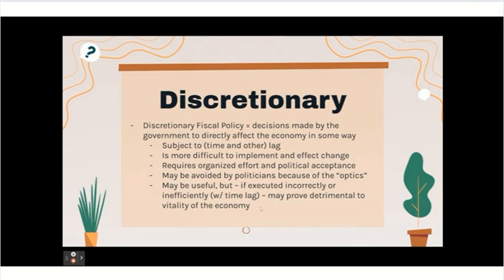Then they have other motives that may or may not align with that. And if they do, then great, because while it may be avoided by politicians, it could actually be adopted by politicians because of optics, because it'll look better to their target audience, really, of potential voters, if they actually do something about the economy, or the situation that the economy is in.